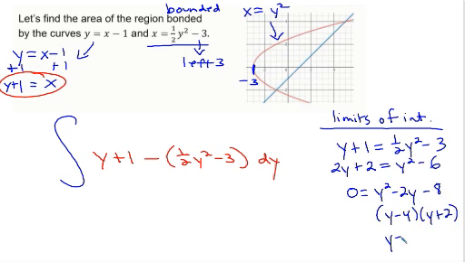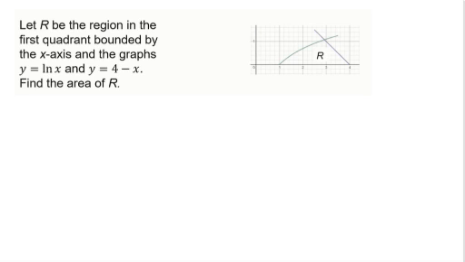So my two limits of integration, notice their y values this time, are 4 and -2. So I'm going to integrate this thing from -2 to 4. Setup is the most important thing on this, so I'm not going to finish this problem. That should be a very straightforward problem to finish. Let's go on to the next problem.